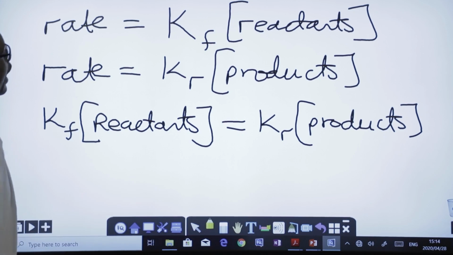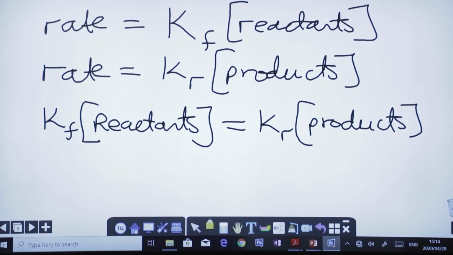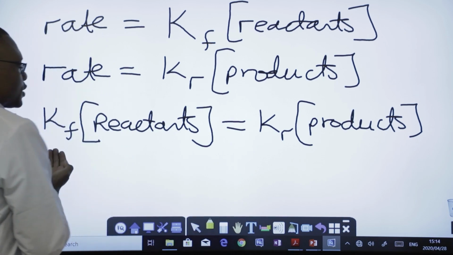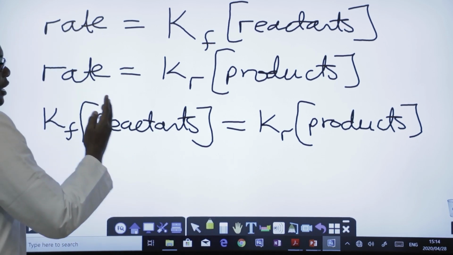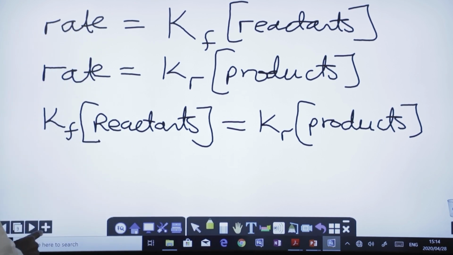So if we are to play around with these quantities in mathematical terms, we collect like terms. In this case, let's take constants on the same side and species on the other side. So what are we going to do?